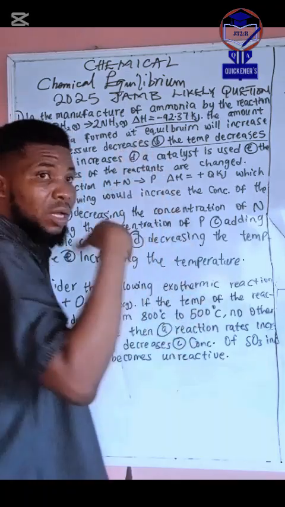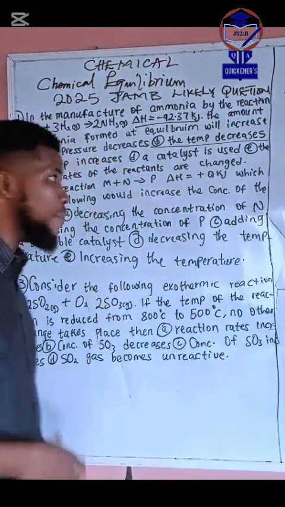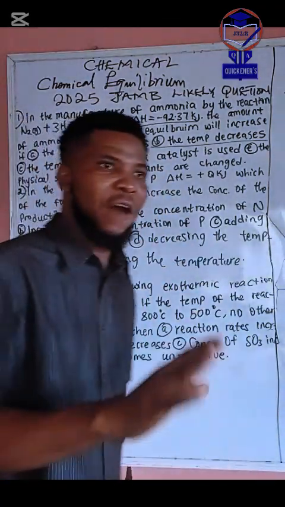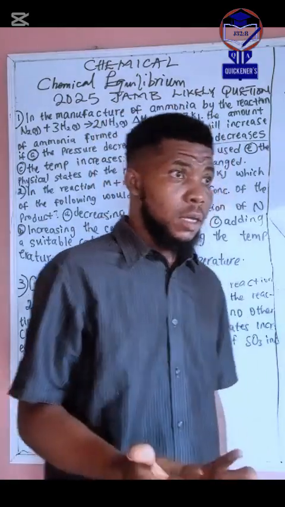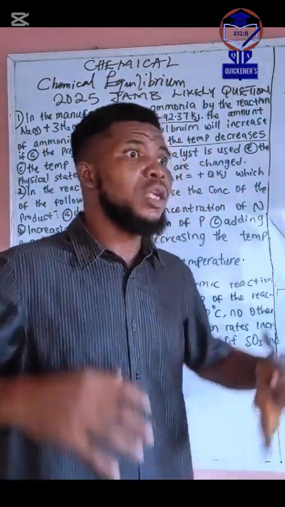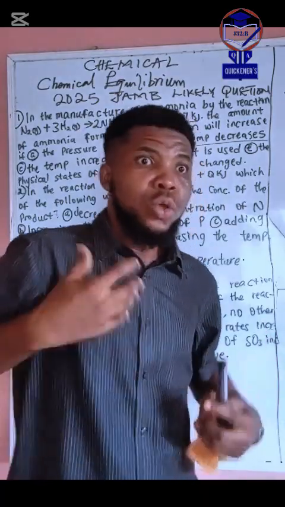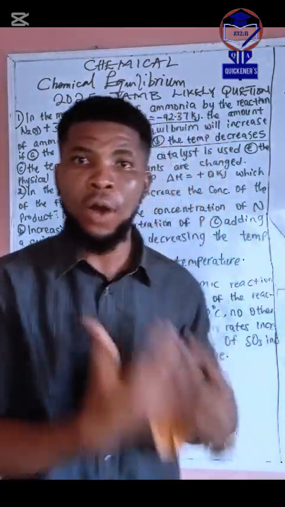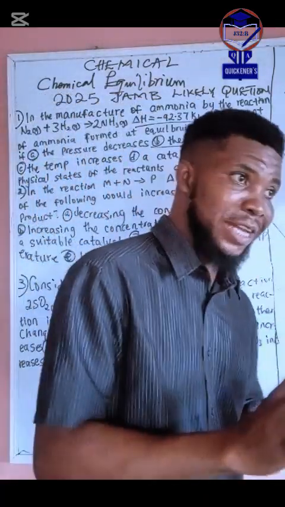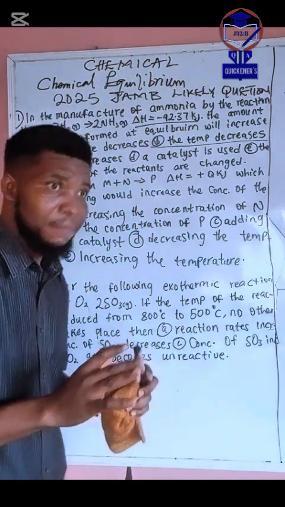The first one was exothermic, now we are talking about an endothermic reaction. So what is the condition that will favor it? You increase temperature, because the reaction proceeds by absorbing heat. So an increase in temperature will favor the forward reaction. I think you understand, right?